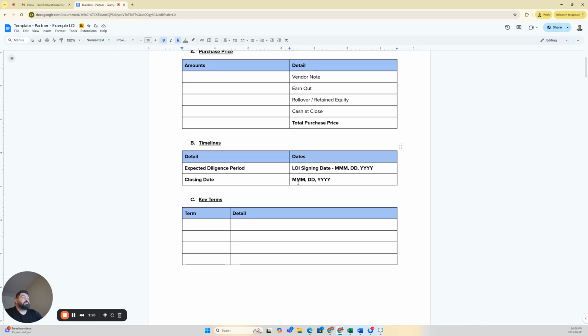Then you've got your timelines. So you've got your expected diligence period, which gives you when conditions are to be removed, right? Your closing date, and LOI signing date would be the date this is signed. Everything has to happen in a timely fashion in these transactions because the close has to happen on a certain date.